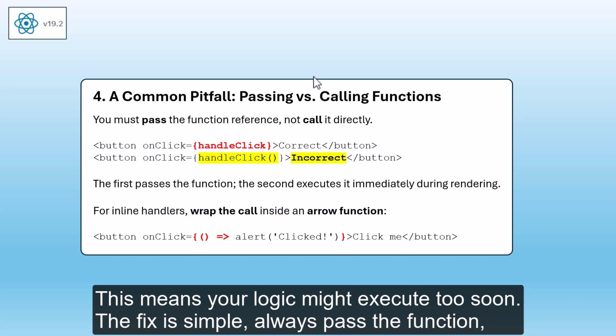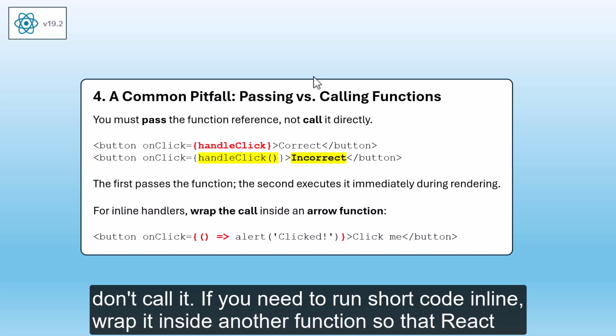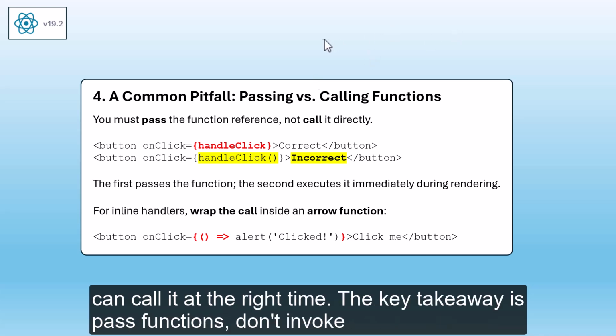This means your logic might execute too soon. The fix is simple. Always pass the function, don't call it. If you need to run short code inline, wrap it inside another function so that React can call it at the right time. The key takeaway is, pass functions, don't invoke them directly.